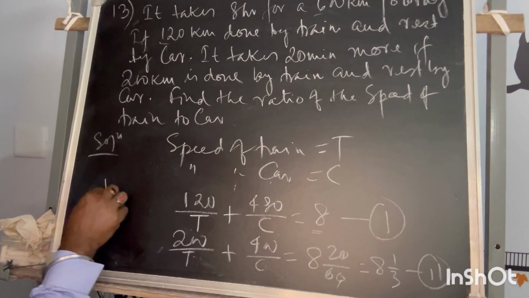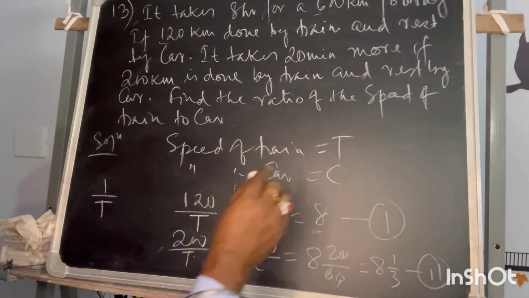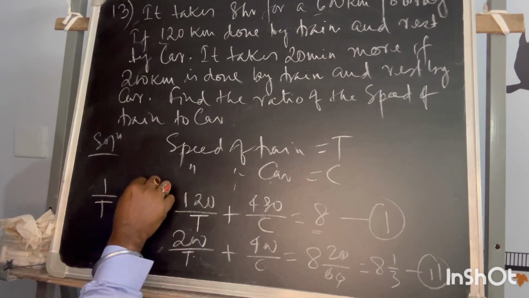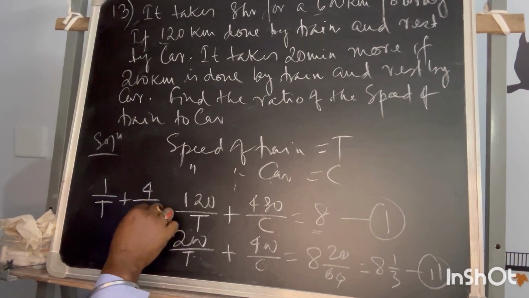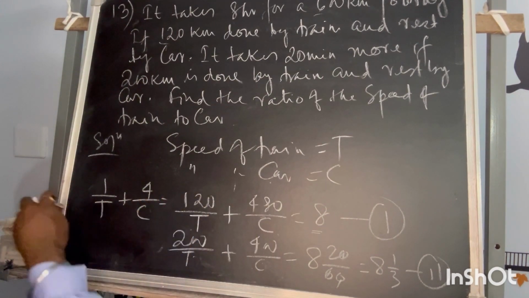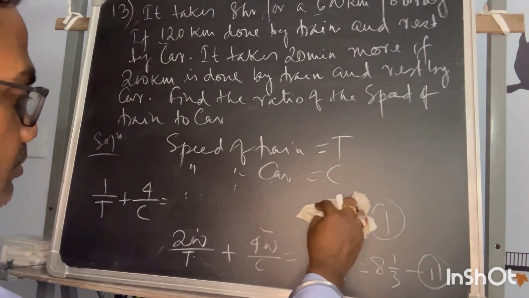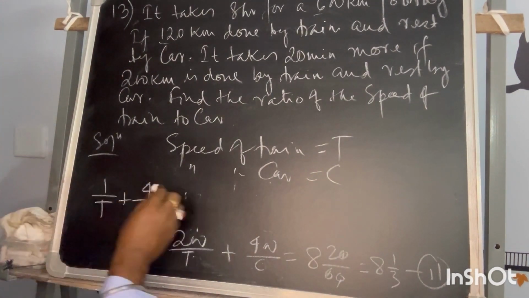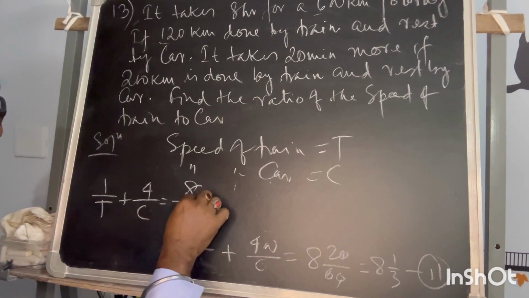If I divide throughout by 120, 1 by t plus 4 upon c is equal to 8 upon 120. So this can be reduced further, because the numeric part you can solve.